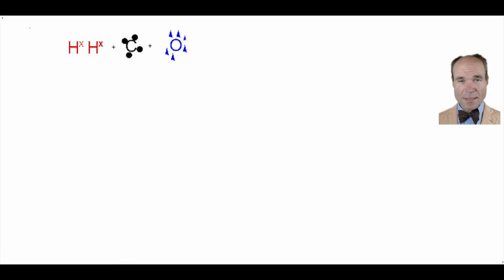Finally, let's look at a case where a double bond is formed. Here we start out with 2 hydrogen atoms, 1 carbon atom, and an oxygen atom. We know that the hydrogens are going to need to finish with 2 electrons, the carbon with 8 electrons, and the oxygen with 8 electrons.